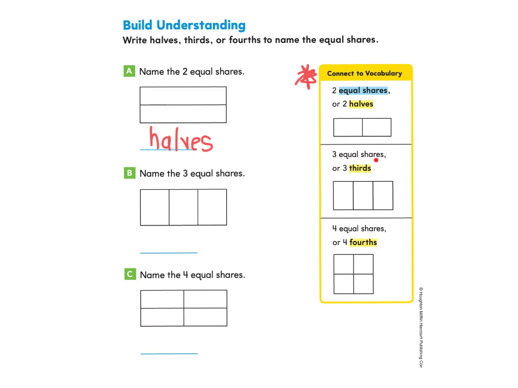We know that 3 equal shares, another way to say that is thirds, and we can write that here, thirds. The last part, C, says name the 4 equal shares. 1, 2, 3, 4. We know that 4 equal shares is the same thing as saying fourths. We can write that here.